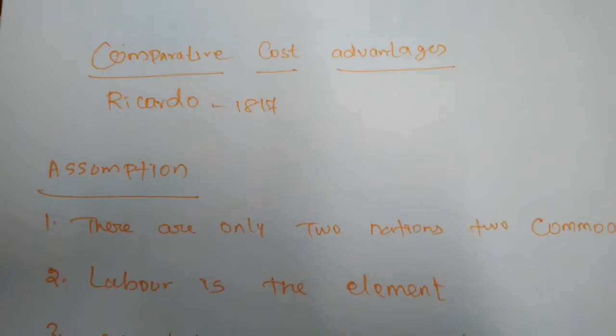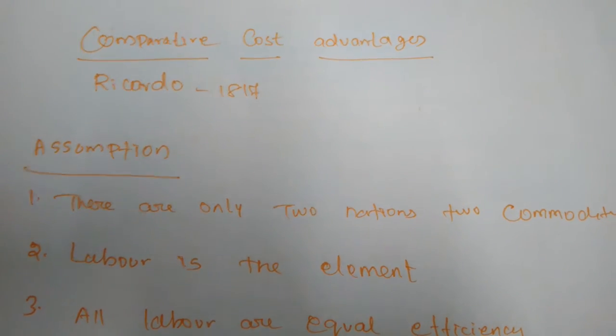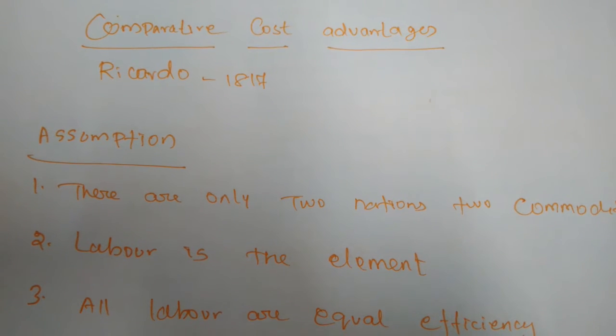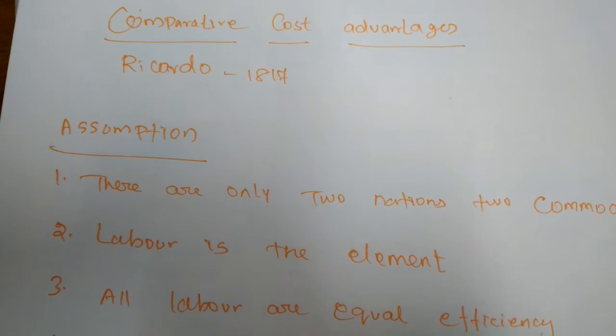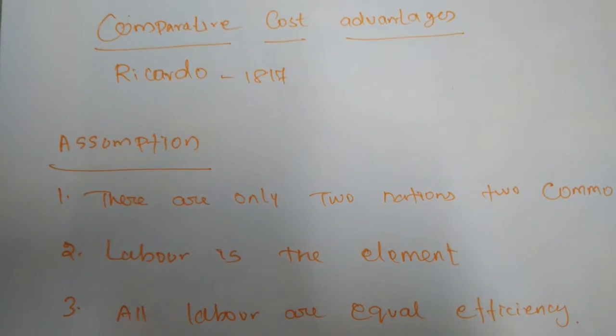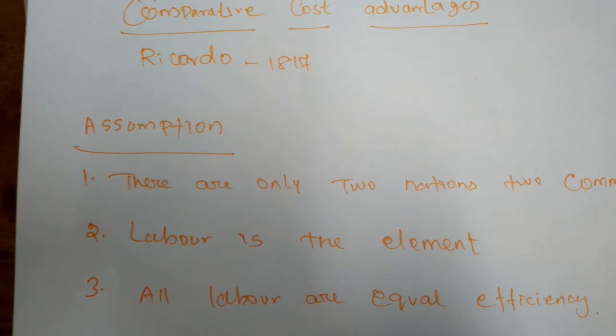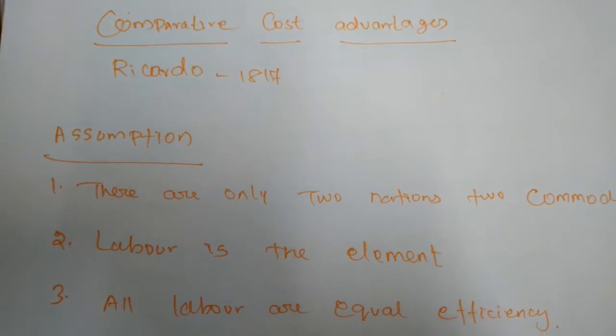So even if there is no absolute cost advantage, by comparing the cost advantages with another nation, if a nation thinks it is better to import from another nation, it will come to international trade.